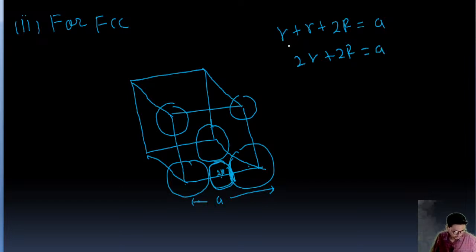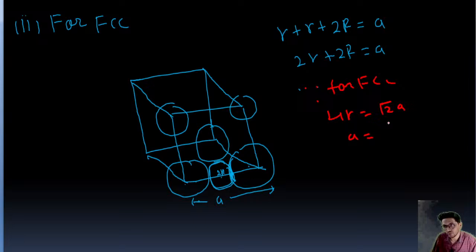And from here, now since we know for FCC, 4R is equal to root 2 A, right? So from here we can get the value of A is going to be 4R upon root 2. Now we'll put the value.